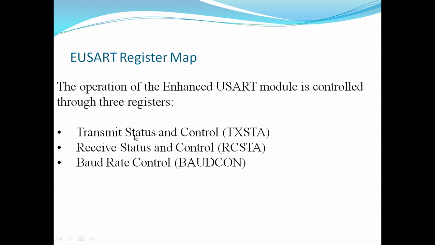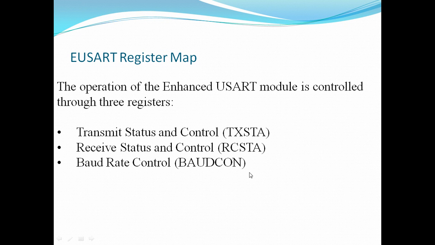These registers are used for controlling the serial communication: transmit status and control register TXSTA, and receive status and control register RCSTA. Transmission will take place by configuring the TXSTA register, and the reception of data will be carried out by configuring the RCSTA register.